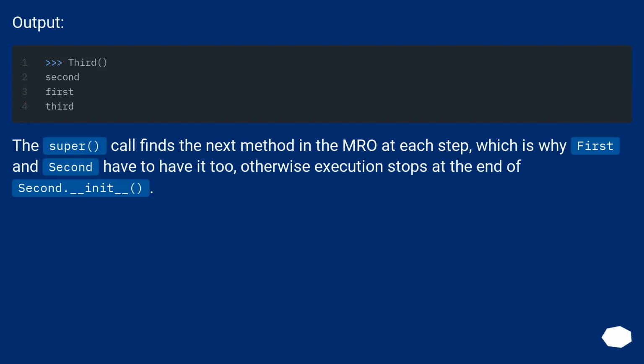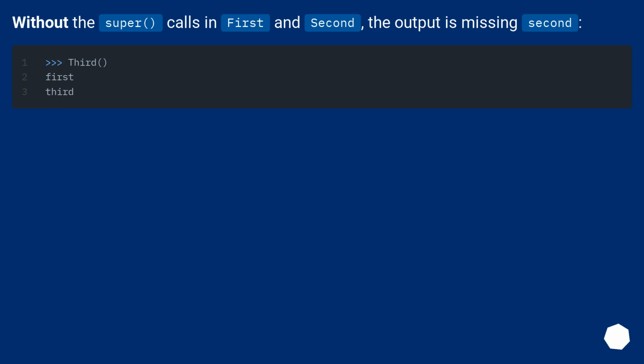The super call finds the next method in the MRO at each step, which is why First and Second have to have it too, otherwise execution stops at the end of Second.__init__. Without the super calls in First and Second, the output is missing Second.